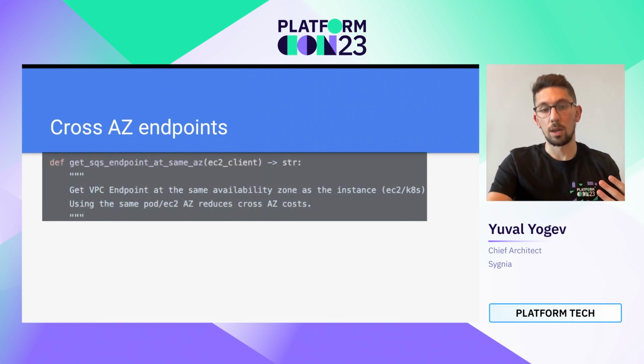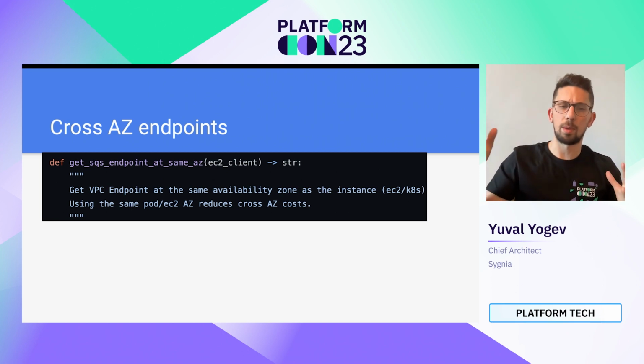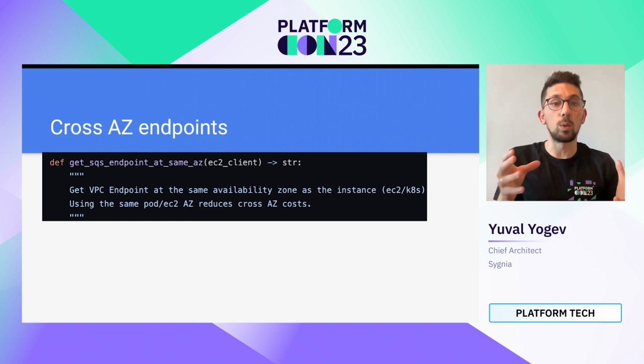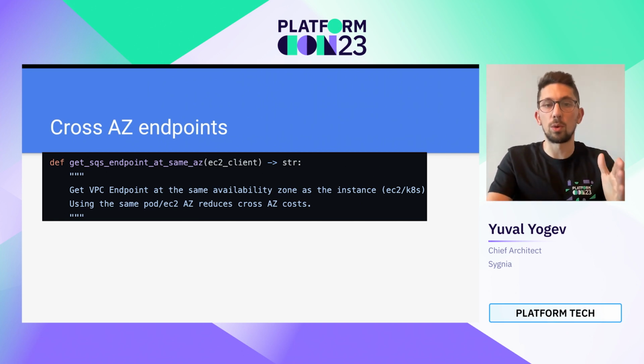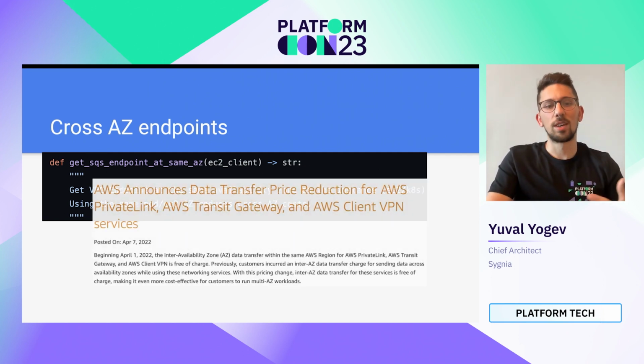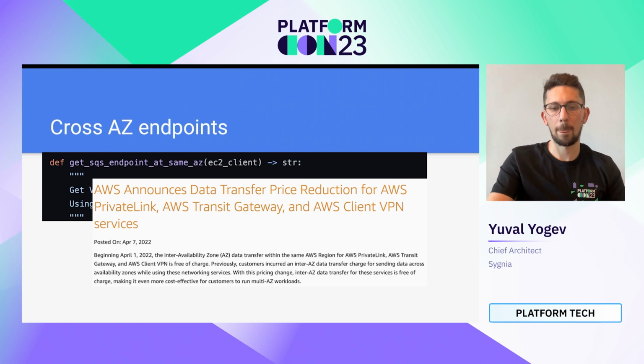First of all, we contacted AWS and informed them about this. But second, we developed code in our application that understands which availability zone it runs in, and then chooses the specific availability zone interface to communicate with. And this was a very nice price reduction. Right when it hit production, it was a very big success. AWS also informed us that they were making a change and actually reduced it for every client. So we had to revert our code, but it was a win anyway, and we got a very nice price reduction.